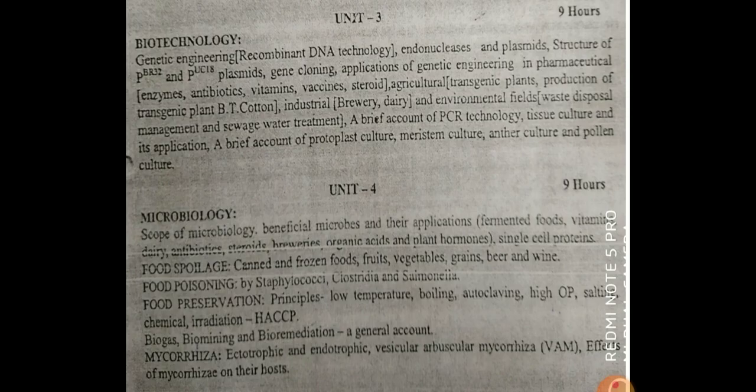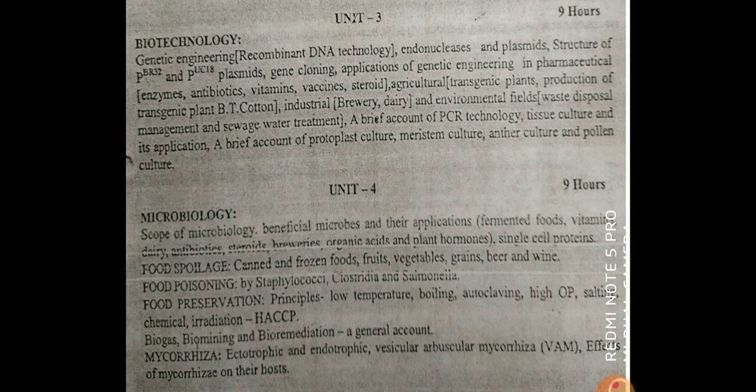In unit 3 you will have the biotechnological aspects. This is a little bit advanced aspect of plant biology. In that you will study genetic engineering, that is recombinant DNA technology, plasmids, structure of the plasmids, cloning, and applications of genetic engineering, especially in the pharmaceutical field, that is enzymes, antibiotics, vitamins, vaccines.